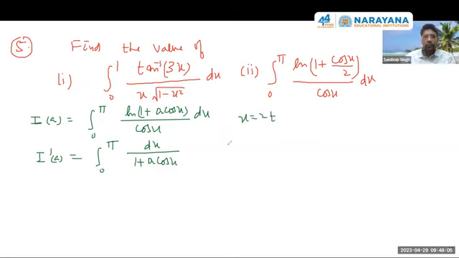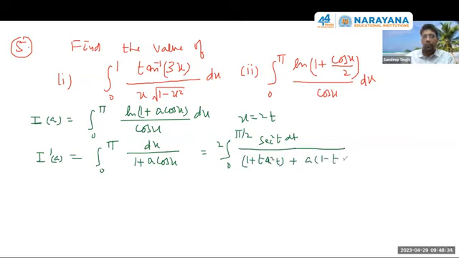This you can find with x equal to 2t. So this is pi by 2, 1 plus tan square t, and this will be 1 plus tan square t plus a times 1 minus tan square t. Right? So this will be (1 plus a) plus (1 minus a) into tan square t, that is, (1 plus a) plus (1 minus a) into tan square t. Correct?